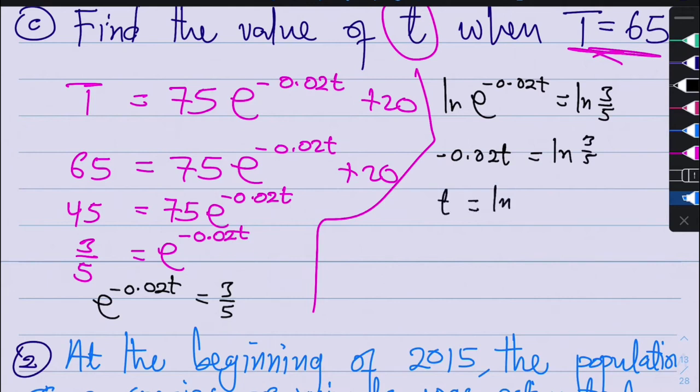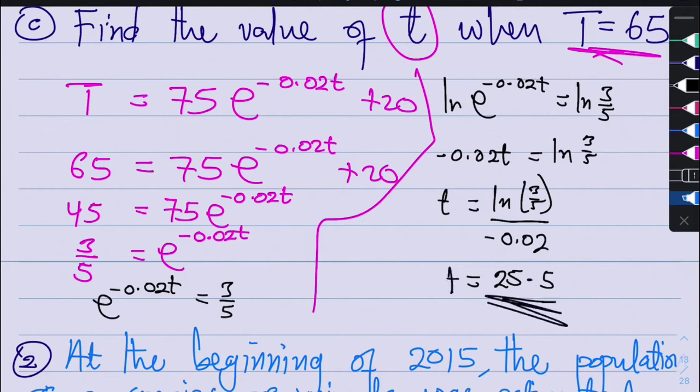Then t is equal to ln 3/5 divided by negative 0.02, and the calculator will tell me that that is 25.5. Now we are done, right? Good. That's to 3 significant figures.